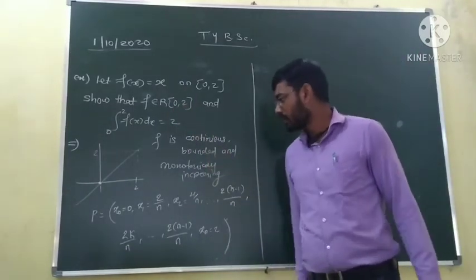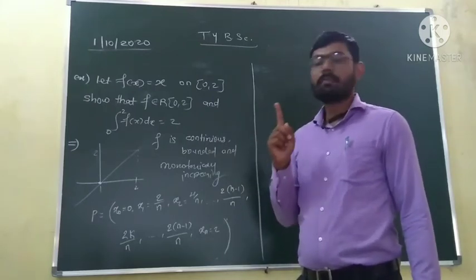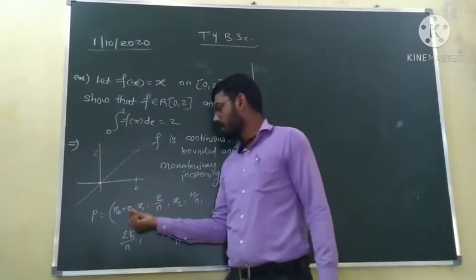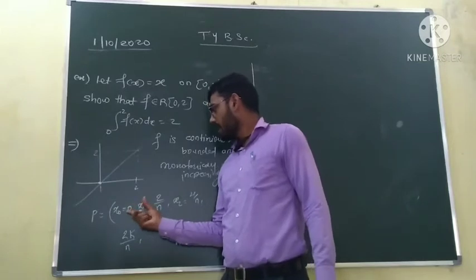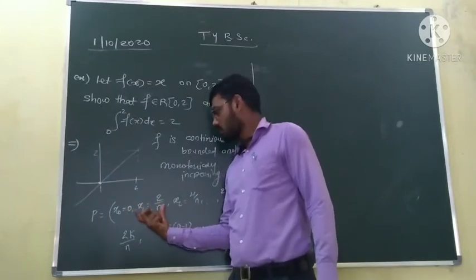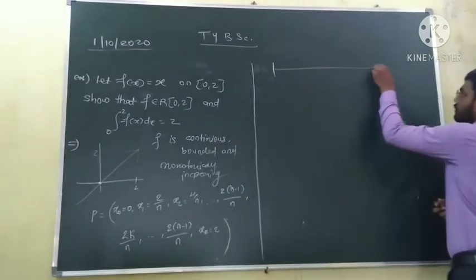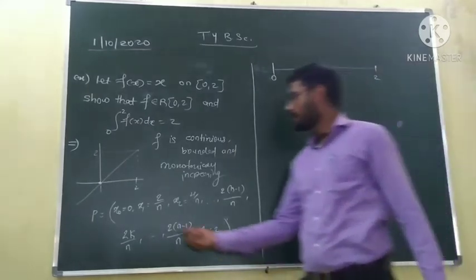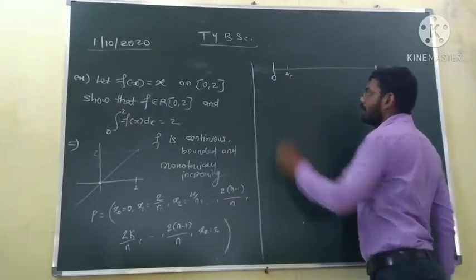Okay, now see, the length of each subinterval is the same. The first subinterval contains the starting point 0 and the end point 2 by n. So the first subinterval is 0 to 2 by n. So here is 2 by n.